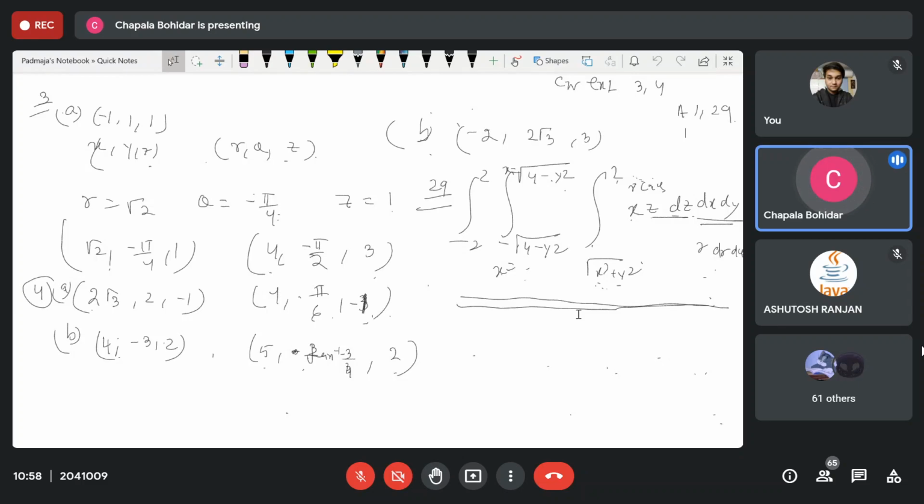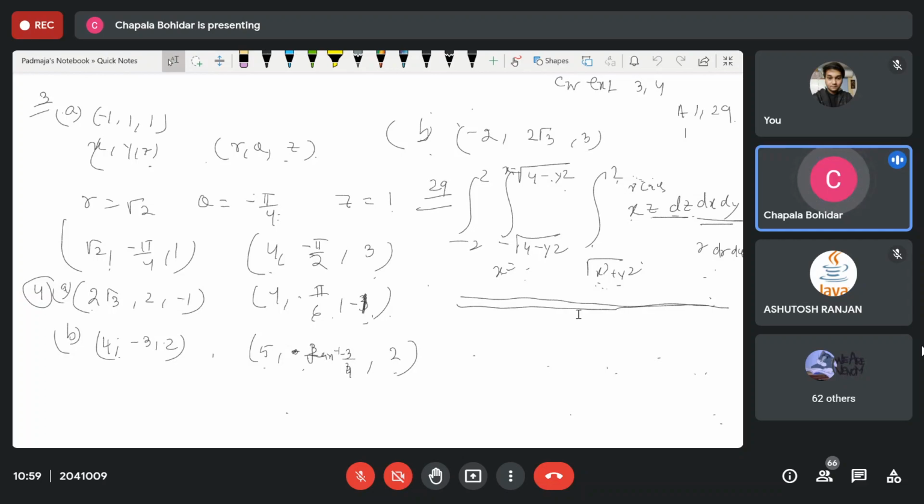Any doubt up to this? If you have any doubt, you can ask me. To convert to rectangular or to solve your problem? Triple integral, for the bounded region, always go for the inner integral. u may be a function of xy, or of yz, or of xz. According to that, if u is a function of xy, then the plane must be xy.